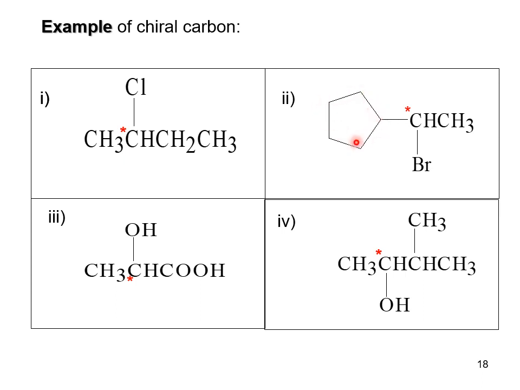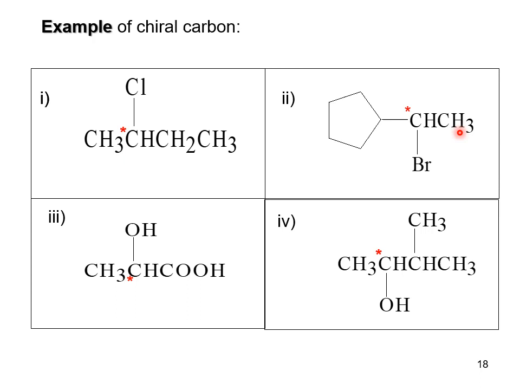For this cyclopentane, impossible, because with 2 hydrogens, 2 hydrogens, 2 hydrogens, and 2 hydrogens, it cannot have the same type of atom or same group. How about this one? Yes, this carbon is attached to a cyclopentane, bromine, 1 hydrogen, and 1 CH3 methyl group. Yes, this is a chiral carbon.